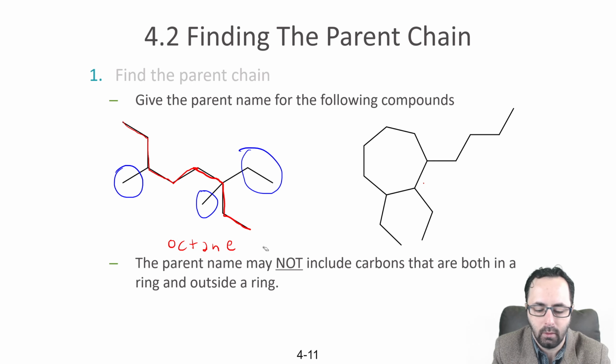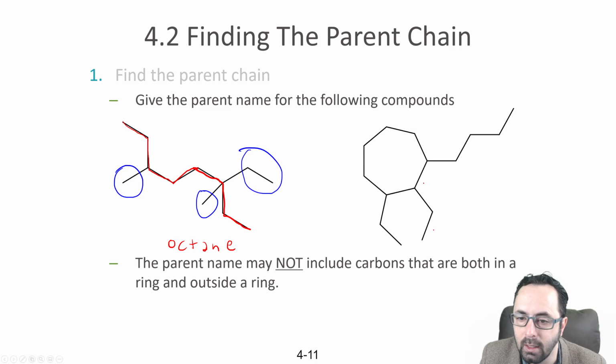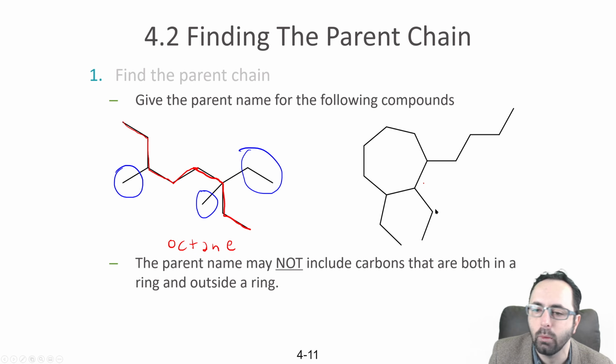All right. So let's now find the longest chain in this one here. So notice that the longest chain may be a ring. Okay. And so if the longest chain is the ring, so these are branches. These branches are smaller than the ring itself.